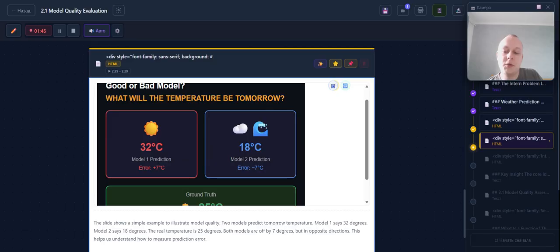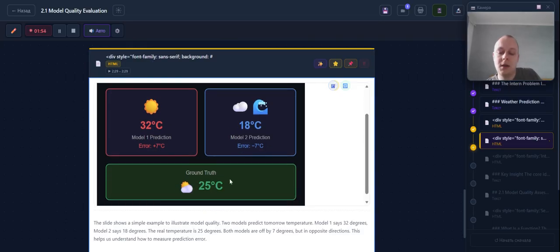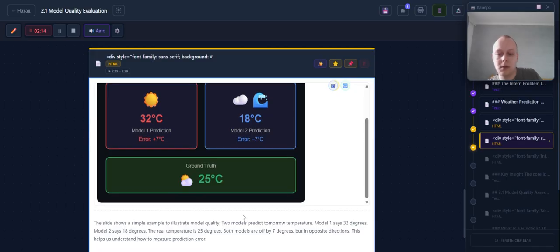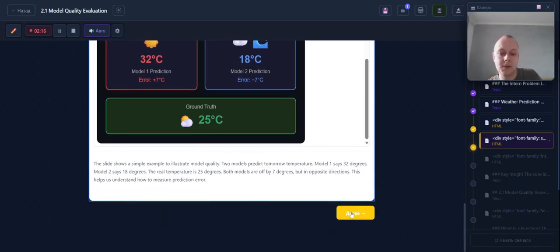First one got 32 degrees and second one 18 degrees, as the prediction of the temperature tomorrow. And the real result was 25. So we can see both of our models made a mistake. First one said 7 degrees more, and the second model made a mistake of 7 degrees less than the real result.